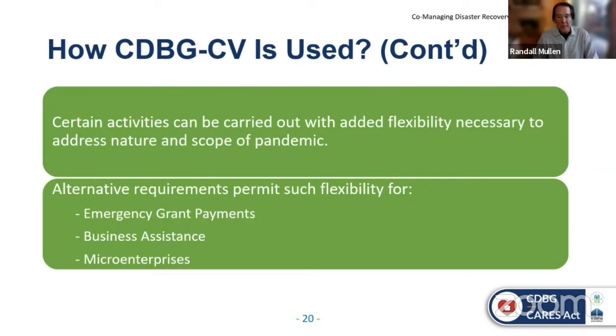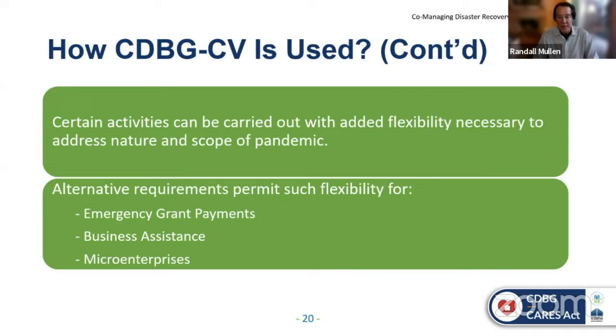As with the CDBG-DR program, HUD has issued special guidance through a Federal Register notice. You may remember it was published in August 2020. The notice implements features of the CARES Act intended to enhance flexibility, as Stan earlier mentioned, in response to COVID-19.